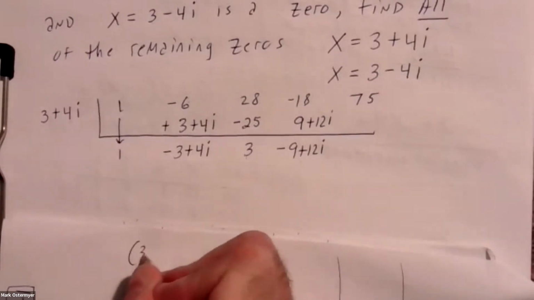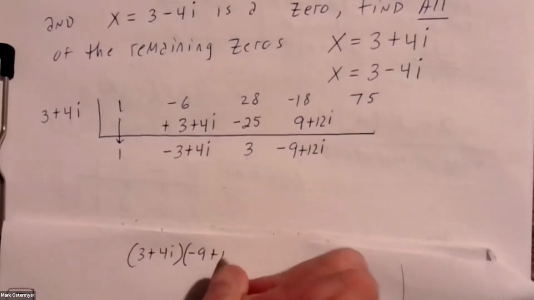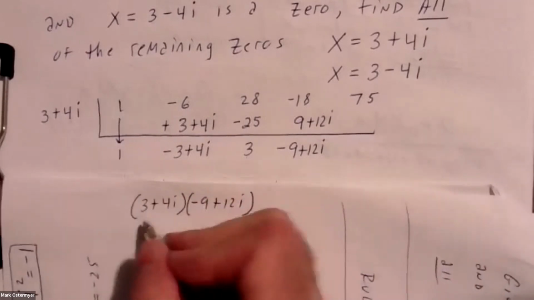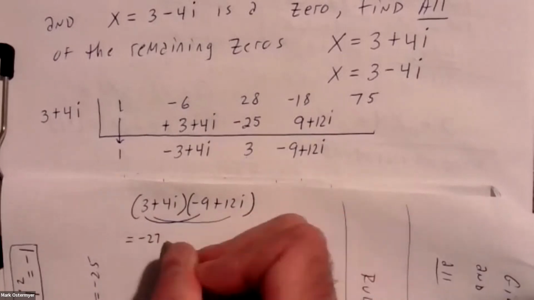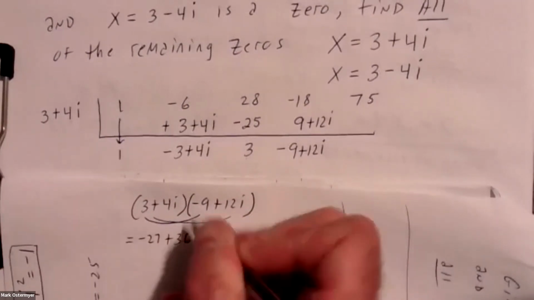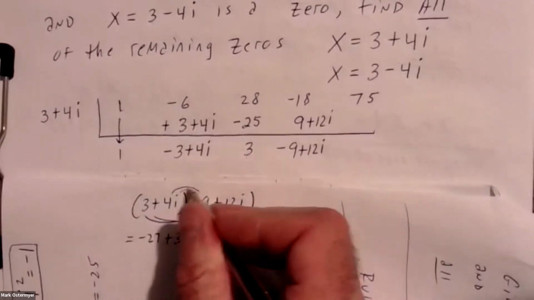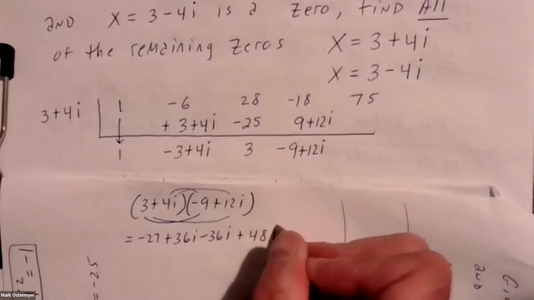All right, let's convince ourselves. 3 plus 4i multiplied by negative 9 plus 12i. Does it give me negative 75? Here we go, foiling this out. 3 times negative 9 is negative 27. 3 times 12i is 36i. 4i times negative 9 is minus 36i. 4i times 12i is going to be 48i squared.